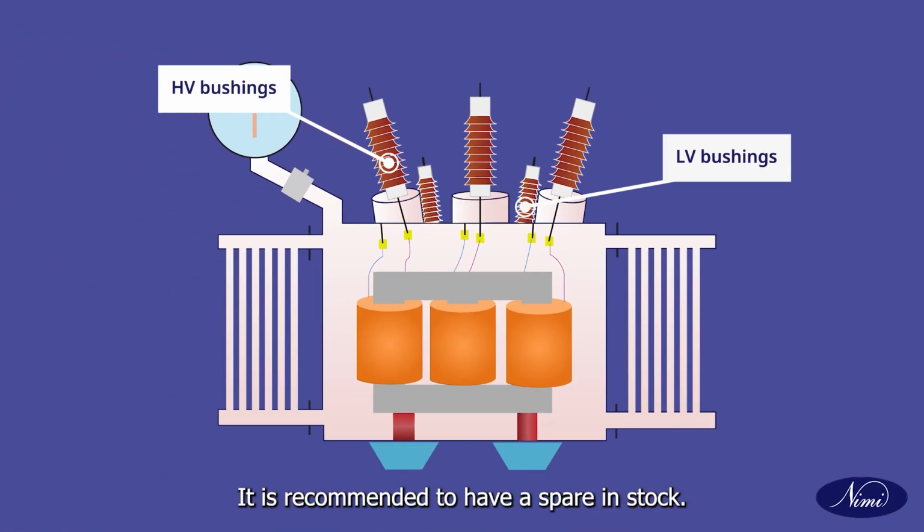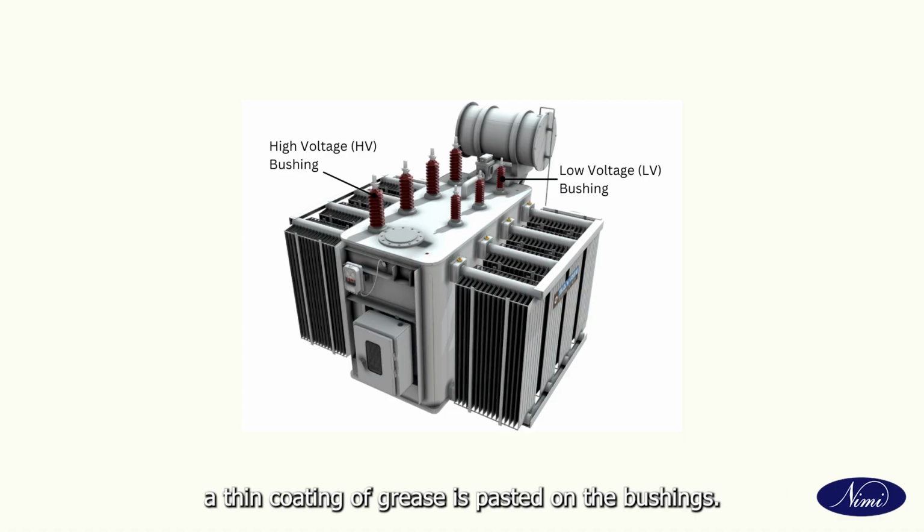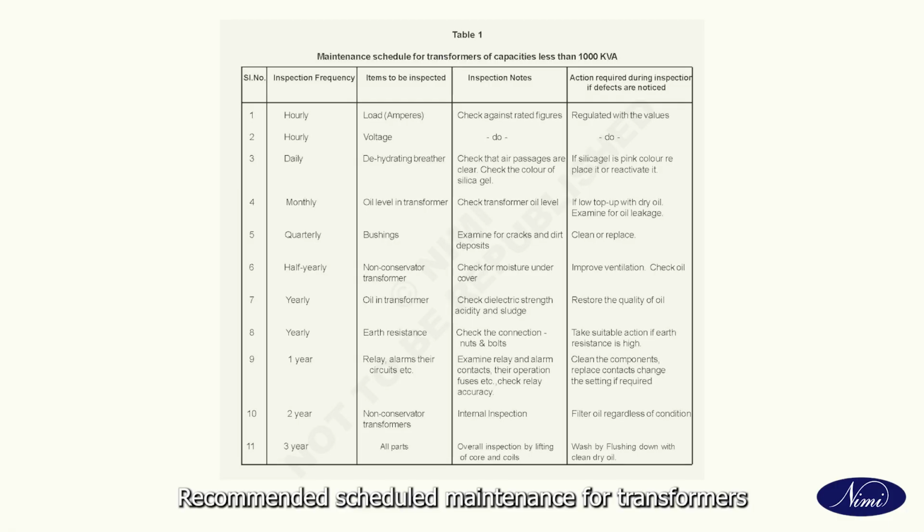It is recommended to have a spare in stock. In transformers located in coastal areas, to avoid salt formation, a thin coating of grease is pasted on the bushings. Recommended scheduled maintenance for transformers of rating less than 1000 kVA is given in the table.